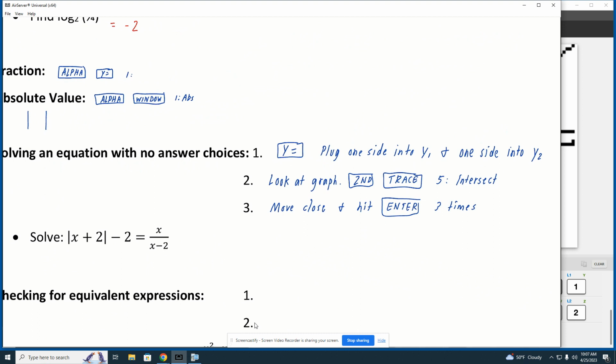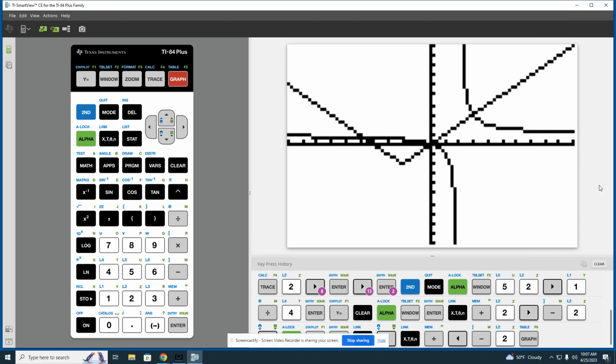So let me show you what I'm talking about. So you see this graph? How many times do you see this graph here and this graph here? How many times do you see them cross? Y'all see one here? 1. Here's one here. 2. Here's one there. 3. They cross each other 3 times, right?